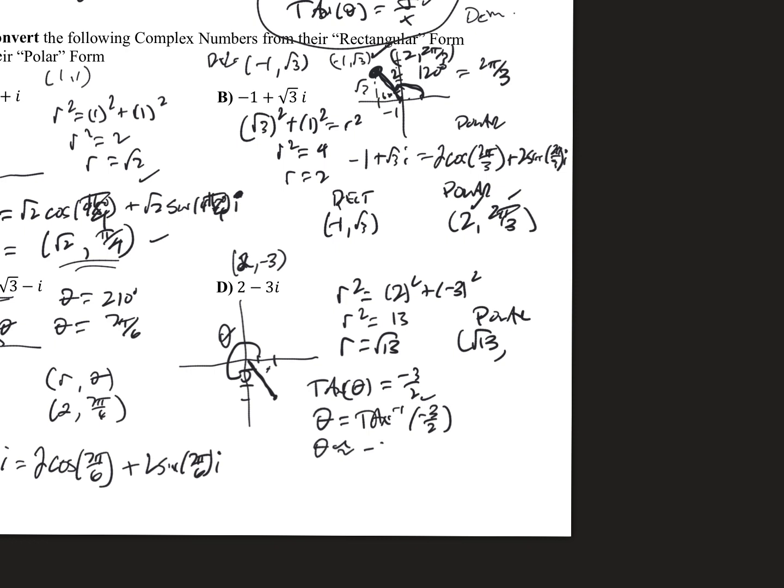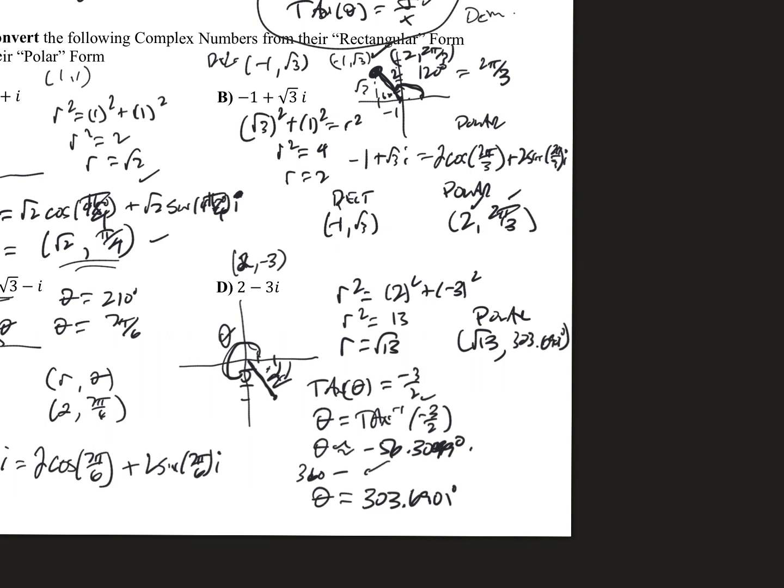We actually end up with -56.3099 degrees. Remember, because of the domain restriction, we're rotating in a negative direction there. So that's why it's giving me that value. So to find this one, I basically just take 360 degrees and subtract that value. And I think when we do that, our theta becomes 303.6901 degrees.